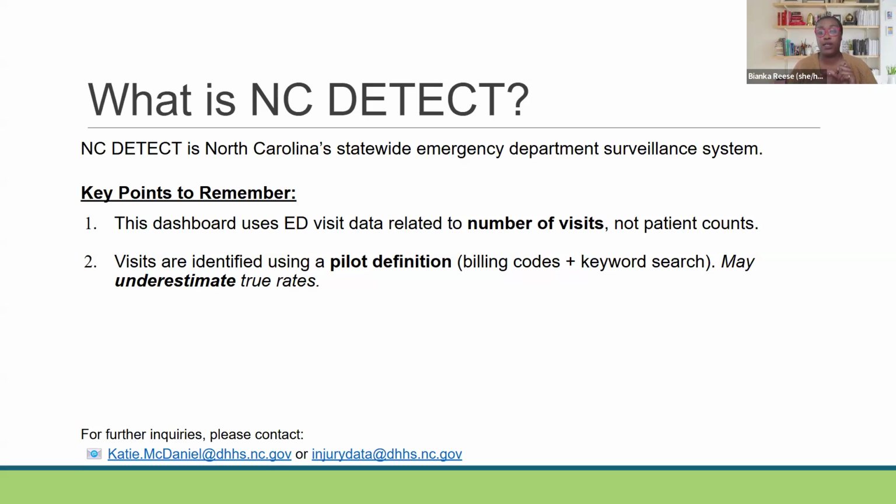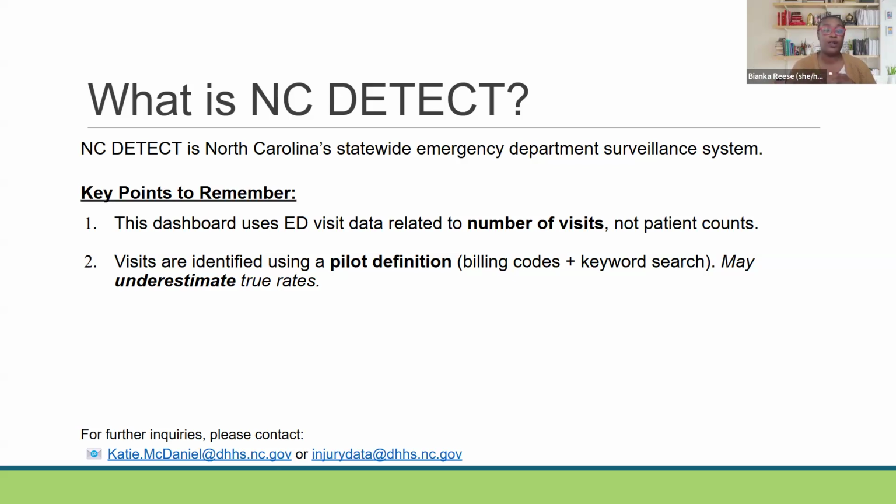So the diagnostic billing codes for sexual abuse that's been confirmed or suspected, or codes for rape, those are captured. And then keywords in the triage notes are related behaviors to sexual violence. So even social determinants of sexual violence, such as experiencing sexual harassment at work, if that is in your triage notes or in your care notes, that might get picked up as a visit for sexual violence in the data, in the dashboard.